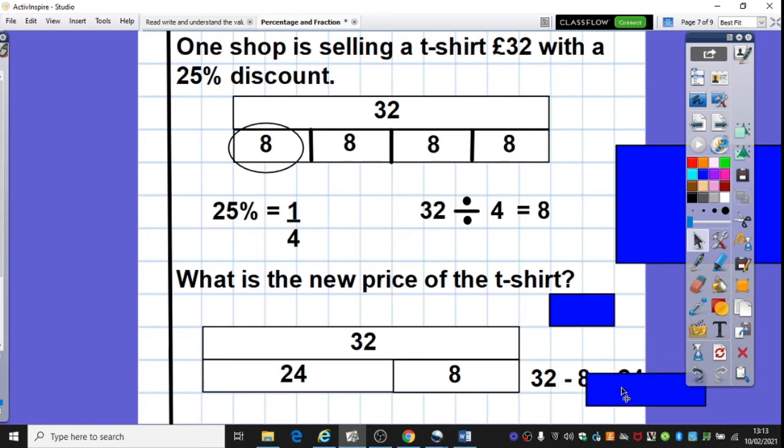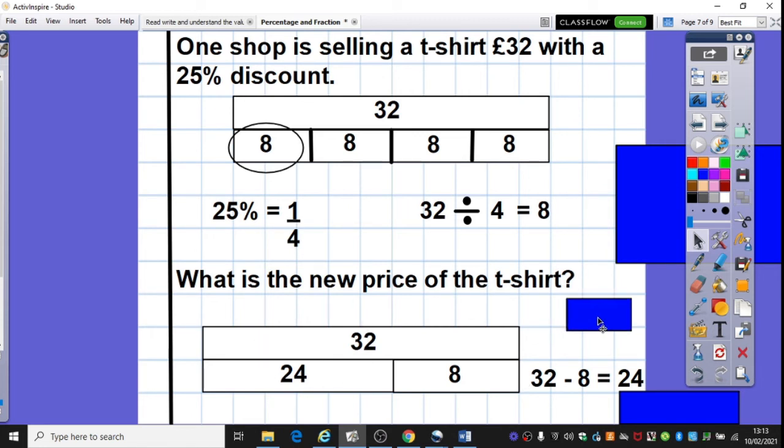So the calculation we're doing is 32 take away 8 is 24. So the new price of the t-shirt is £24. There were quite a lot of steps there. We found 25% of 32, and that was the discount of the t-shirt. So we took that 8 away from 32 to give us £24. That's what was left to pay with a 25% discount.